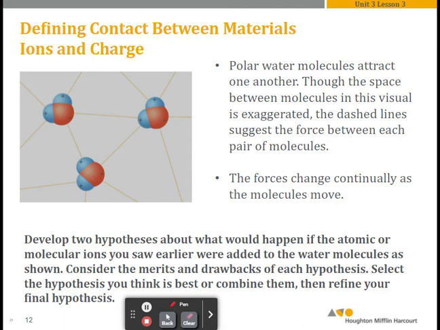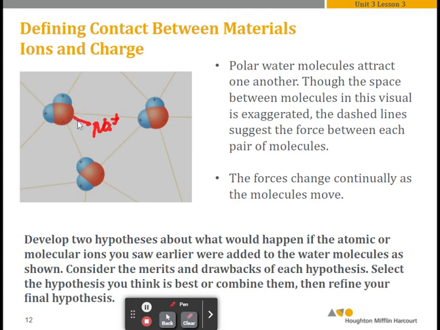If you drop an ion in there, let's drop a sodium ion in there. Okay, so we have a sodium ion. So one hypothesis is that a bond, an ionic bond, could form between the sodium and an oxygen atom.